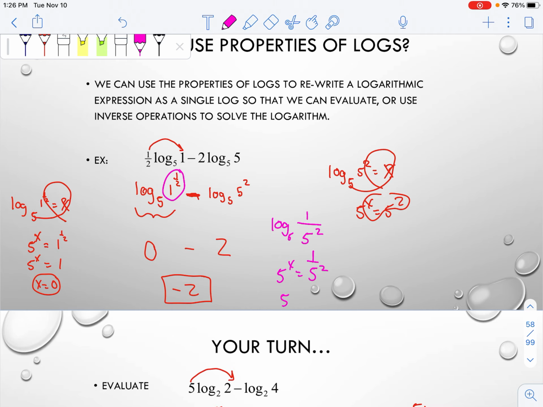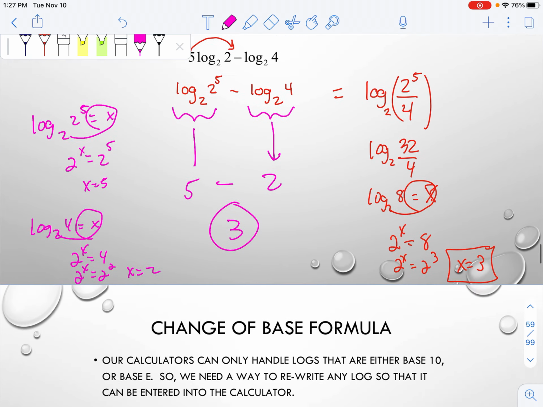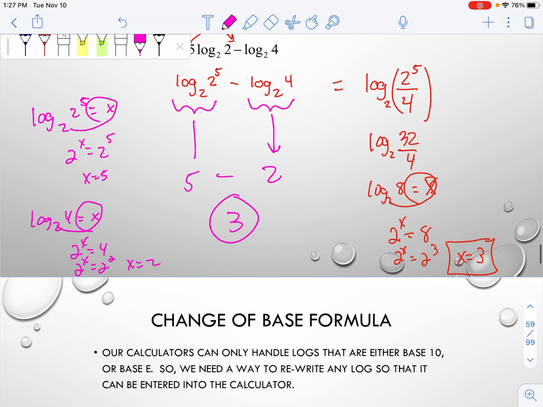Well, a negative exponent makes it go to the bottom, so I'm going to reverse that. Bases are equal, set the exponents equal. Once again, just a different perspective. You can go all the way with your properties of logs and simplify once, or simplify each separately. In the end, we still get to negative 2, and we still get 3 for this one.